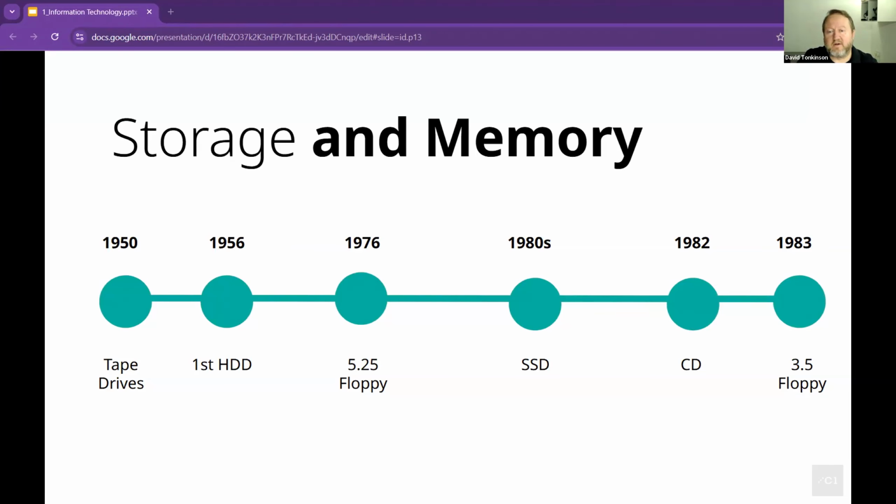Kilobytes. We're not talking big, are we? Then they went up to a maximum of 1.2 megabytes. The 3.5-inch floppy drives went, wow, we can do loads of that. They went from 720 kilobytes to 1.4 megabytes. I used to load Microsoft Excel when we started with PCs, on 2 3.5-inch floppy disks.